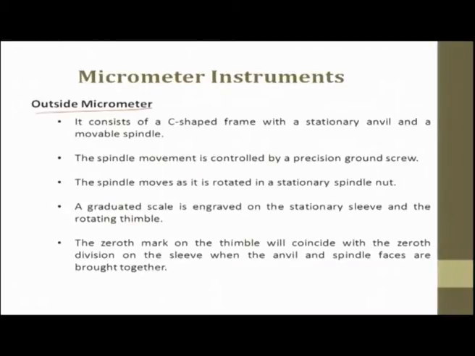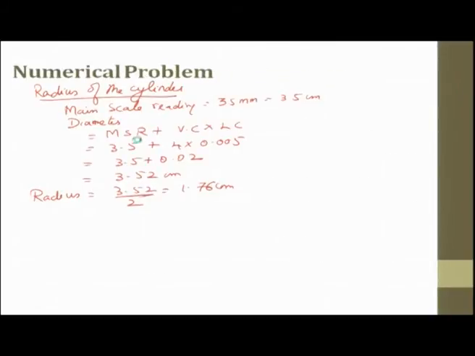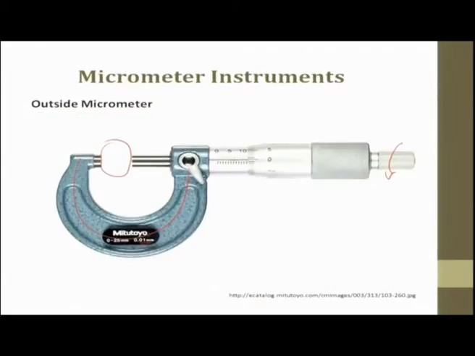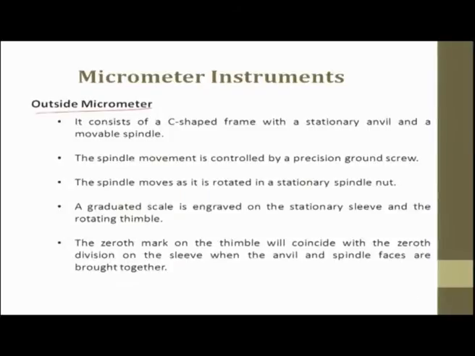It consists of a C frame with a stationary anvil and a moving spindle. This is the stationary anvil and this is the moving spindle. The spindle movement is controlled by a precision ground screw. The spindle moves as it rotates in a stationary spindle nut. The graduated scale is engraved on the stationary sleeve and a rotating thimble.